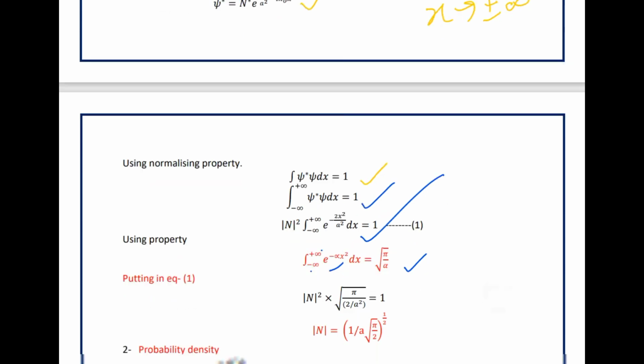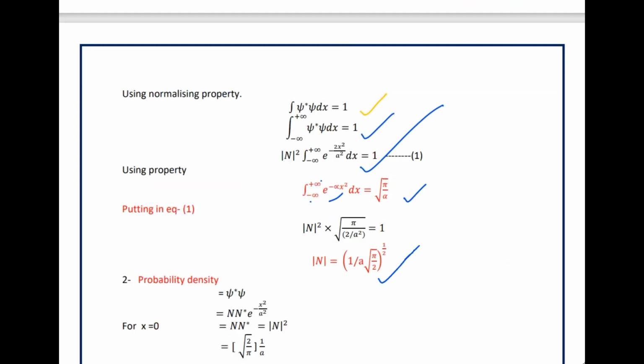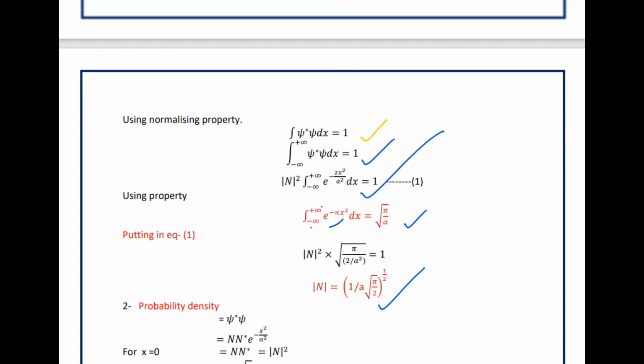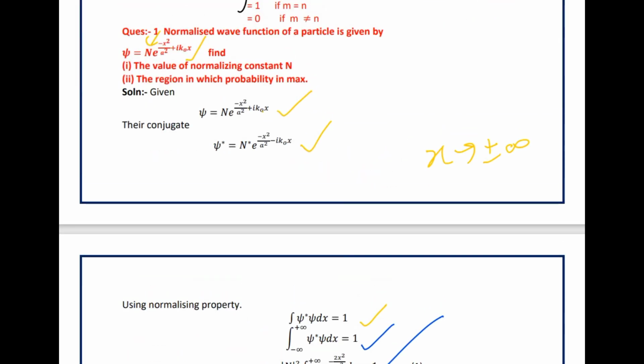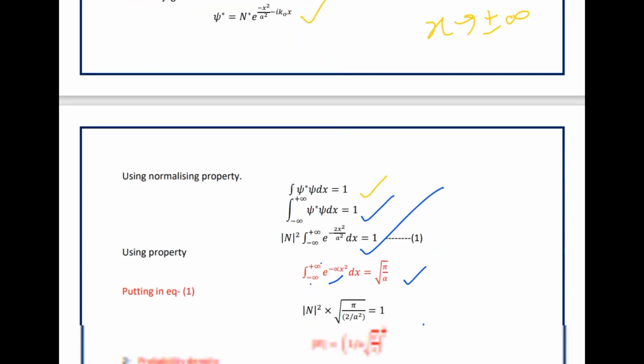So the normalizing constant is n is equal to 1 upon a, under root pi by 2, power 1 by 2. Second part of the problem: the region in which probability is maximum. Which value of x is at which probability is maximum? So the value of x is 0.